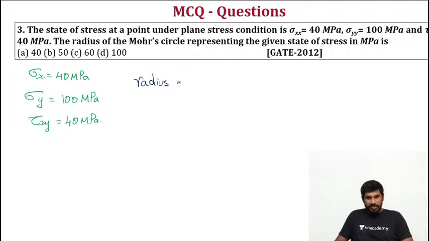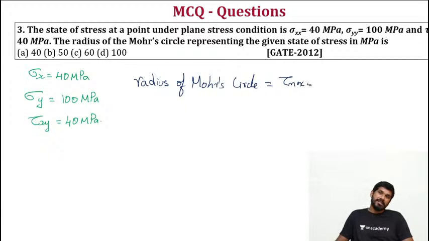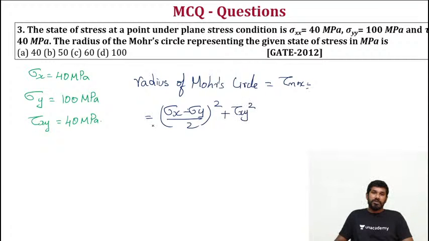So the radius of the Mohr circle is equal to the maximum shear stress, which is equal to square root of ((sigma x minus sigma y)/2) whole square plus tau xy square.